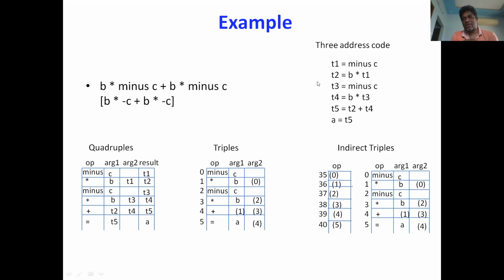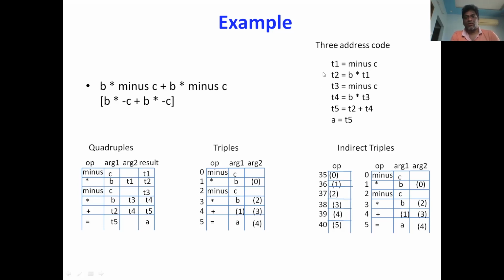Okay, so at this point, you understand that this is converted into a raw three address code which is not optimized. Further, it needs to be optimized. Okay, so try to understand how these three address codes will be represented as quadruples, triples, and indirect triples in this slide. So don't think about the optimization or efficiency of these three address codes.